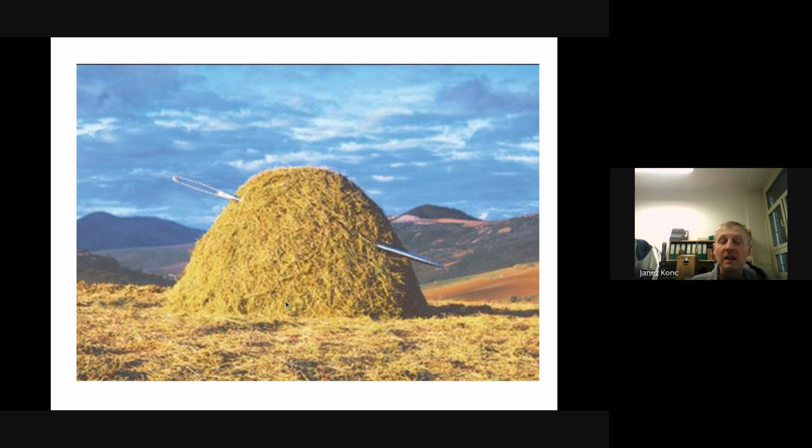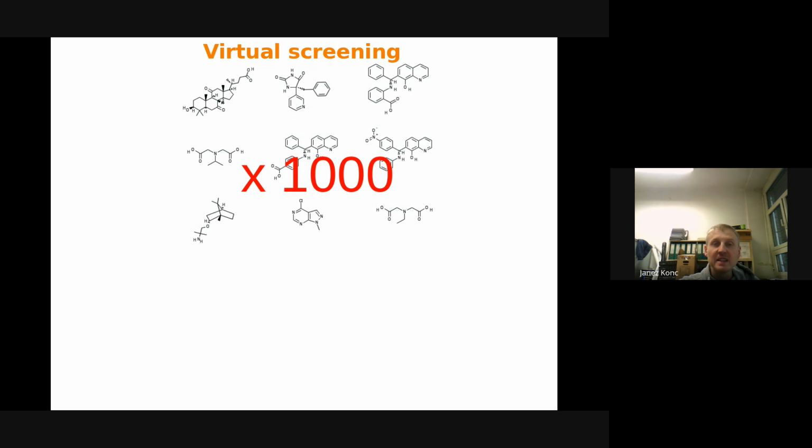It's as difficult as finding a needle in a haystack. Of course, this needle is not as big as this one shown here, but it's a very small needle which is at the very bottom of this haystack, and it's very well hidden. So it usually takes a lot of work, and we cannot find anything. This is the reality of drug discovery right now. And so we are trying to make it a little bit easier using our computational tools.